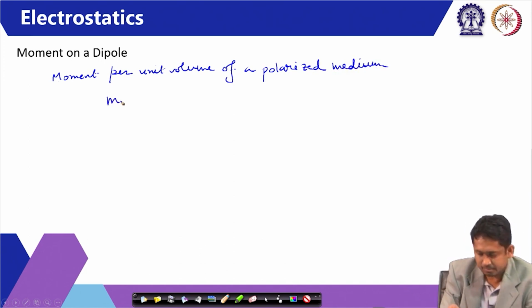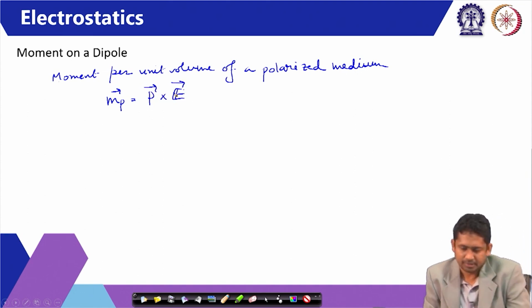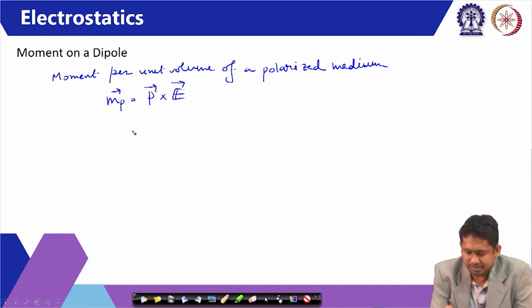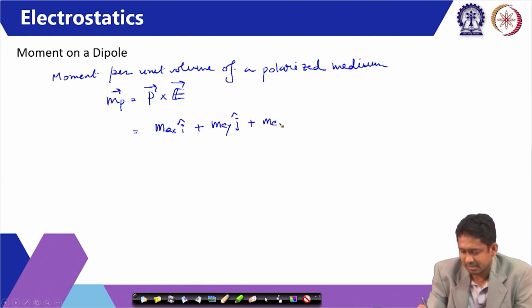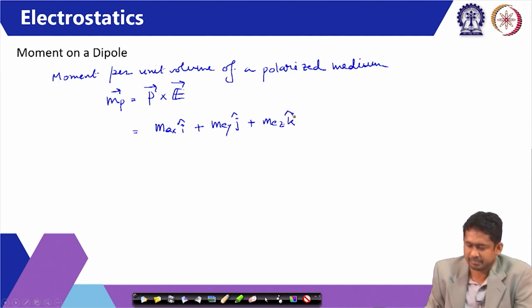And that becomes M_P vector is equal to P cross E, and again it can have 3 components. So, we may call them as M_Ex into i, M_Ey into j plus M_Ez into k.